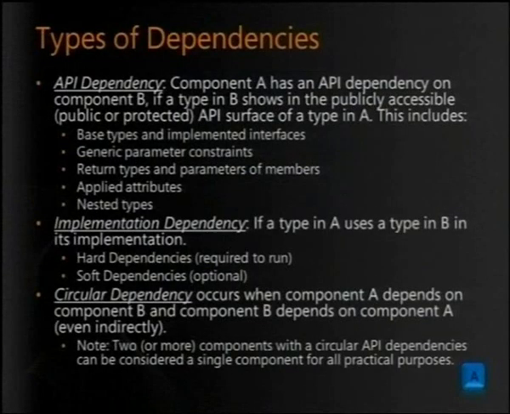And then there's the second kind, implementation dependencies. Implementation dependencies are when type A shows in the implementation of type B or some member of type B. It doesn't have to be in the public API surface. Among implementation dependencies, we manage hard dependencies and soft dependencies separately.